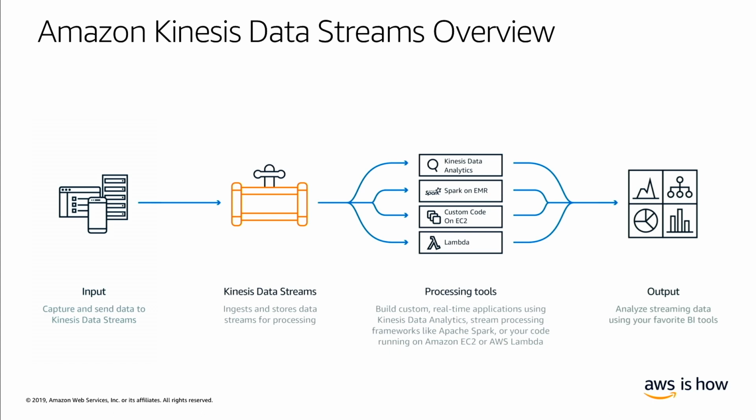Kinesis Data Streams, it's like a buffer. It's like a pipe where you connect the producer to the consumer. And the producer could be a mobile SDK. It could be a classic SDK that you run in any kind of client. We have a special Kinesis producer library that is also batching and aggregating messages. And then you batch them, you aggregate them, and you put them in a Kinesis stream.